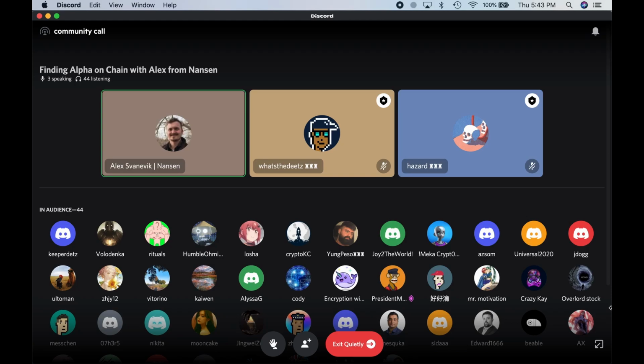But these scouts also get access to Nansen itself, and they get stablecoin rewards based on how much they're contributing. So if you're helping us tag up addresses that are responsible for a lot of on-chain volume, we will pay out stablecoin bonuses to you on a monthly basis as well.